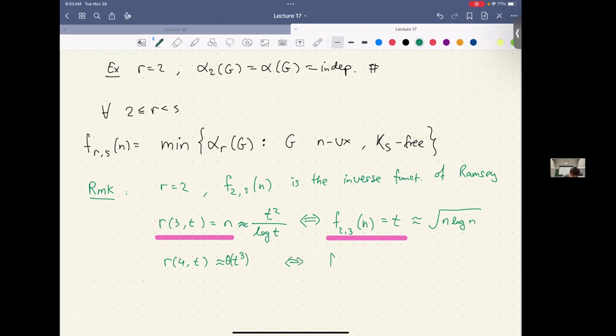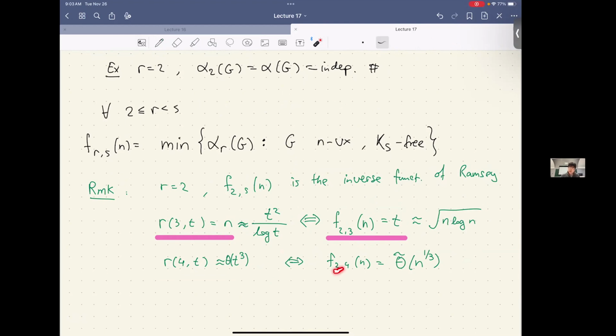This implies F24 of n is, up to polylog, what? N to the 1/3, right? Good. So today we're going to see an example of the Erdős-Rögter function where R is not 2.